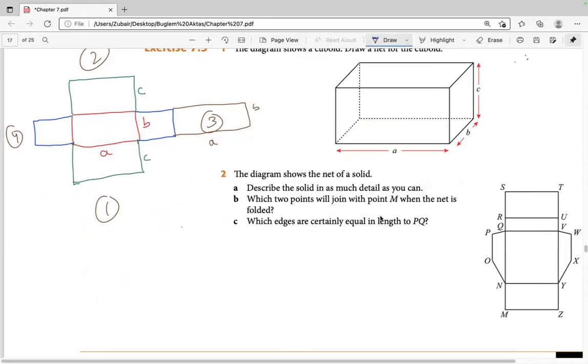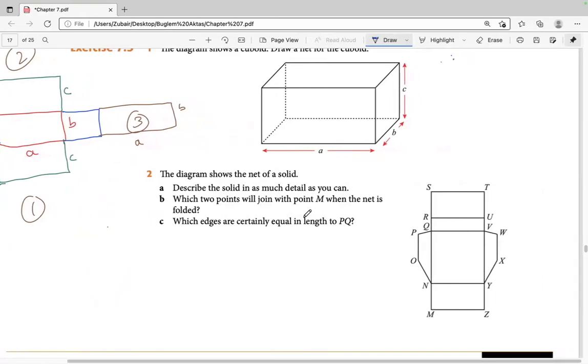Okay, which 2 points will join point M when the net is folded? Which points will join M? Well, N and O. N cannot join M. N is somewhere else, M is somewhere else. Is that an S?